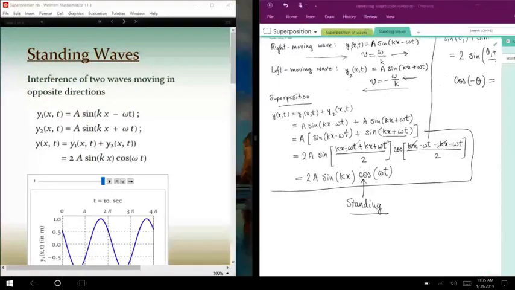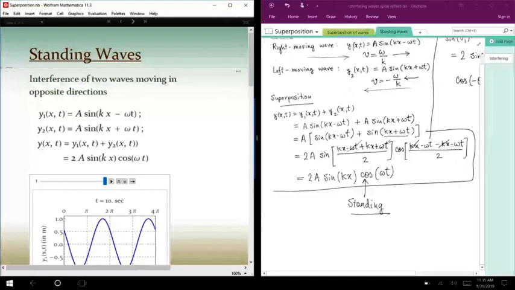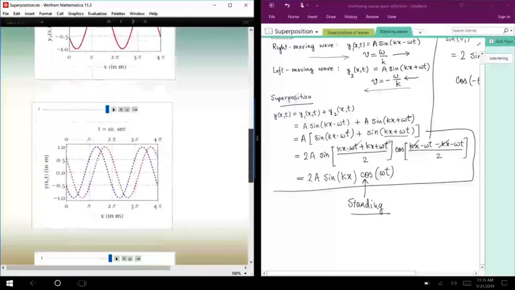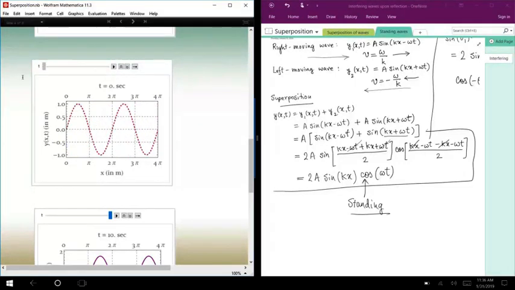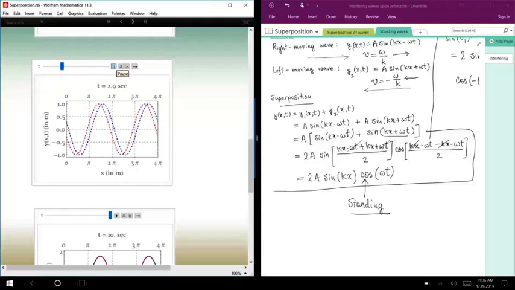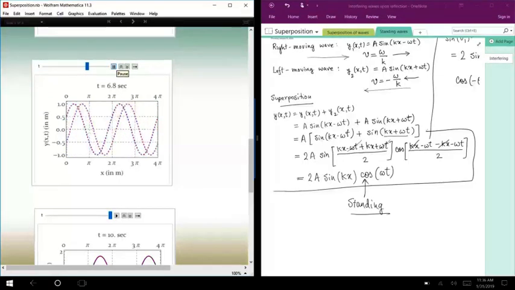And let's actually look at the plot. How does this behave? What does it mean to be a standing wave, right? So going back to our original plots, the figure here with the dashed lines shows us the traveling waves, and we remember that they are traveling in opposite directions.